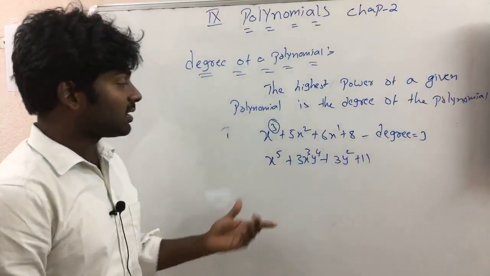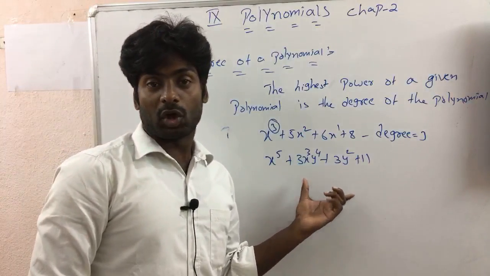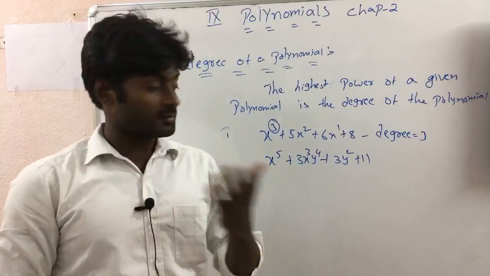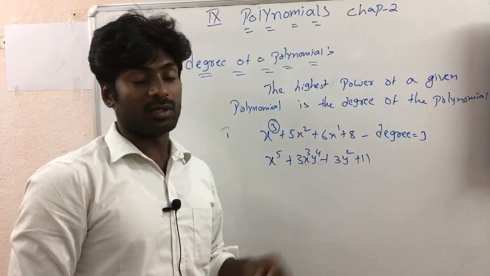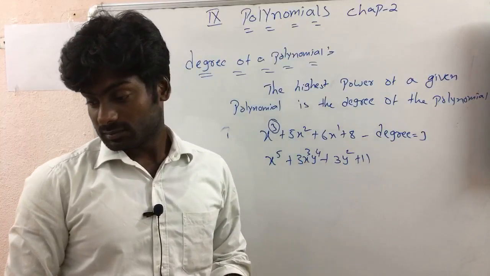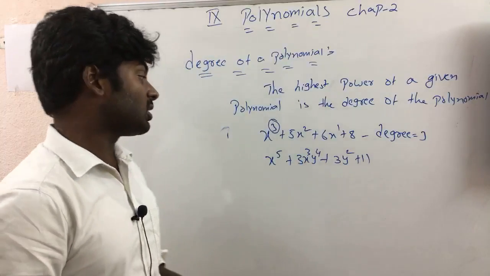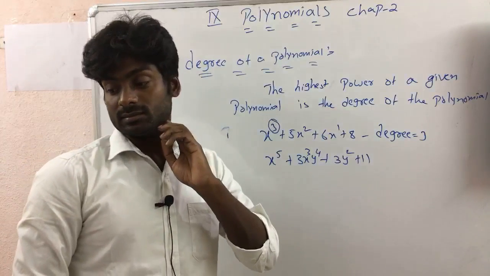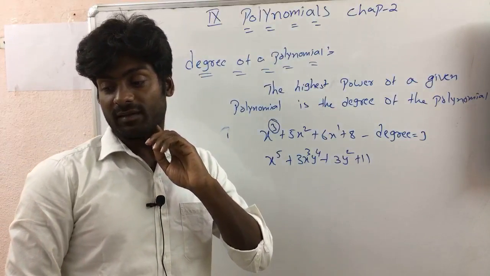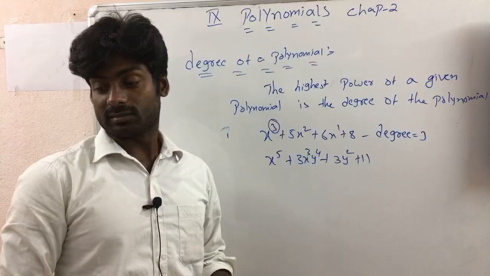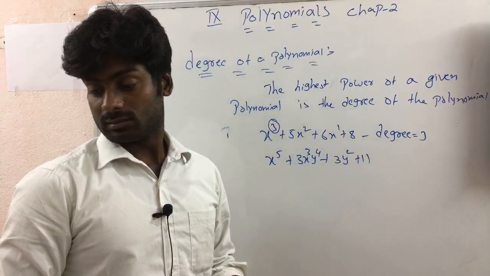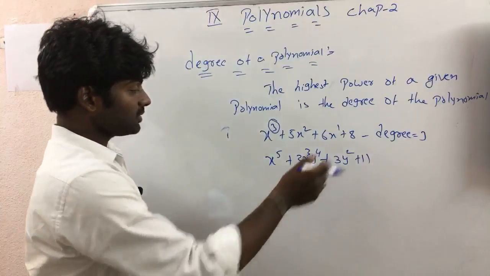Now say what is the degree of the given polynomial here? Riddhi, 5 is not the correct answer. Check properly. It's not 5. Observe carefully.